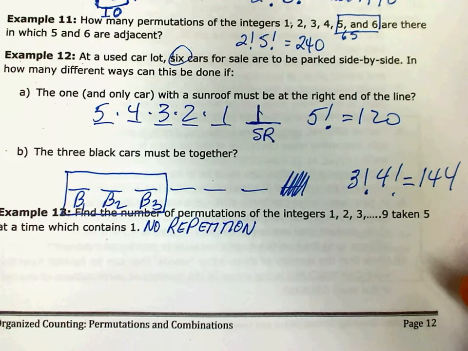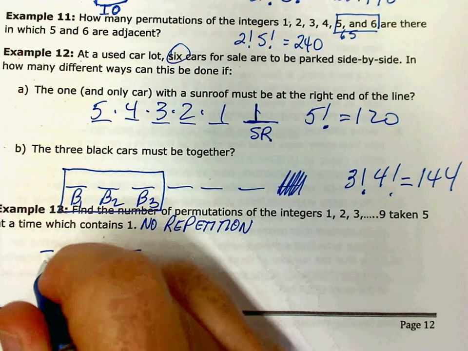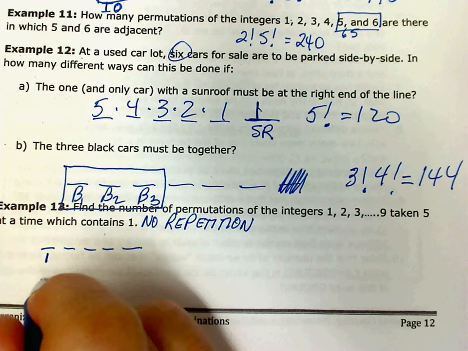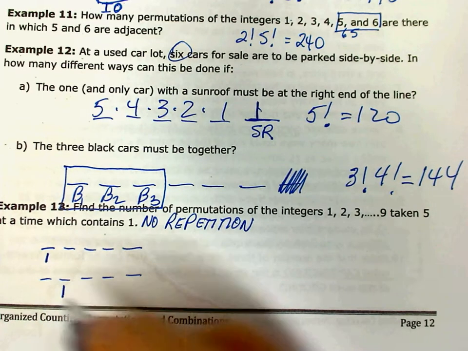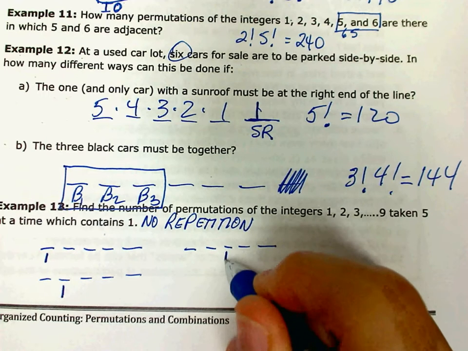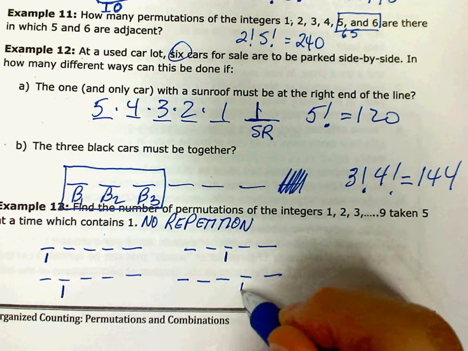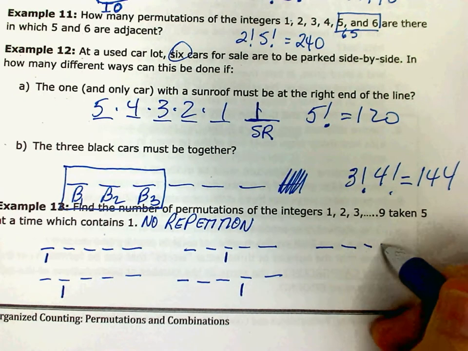We have 1, 2, 3, 4, 5. The 1 could go in the first spot, or the second, the third, the fourth, or the fifth.